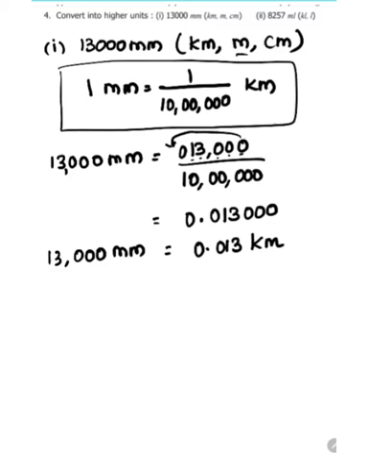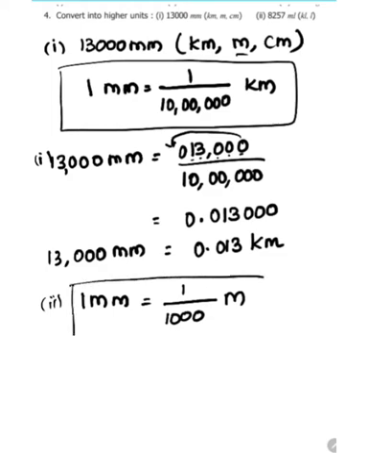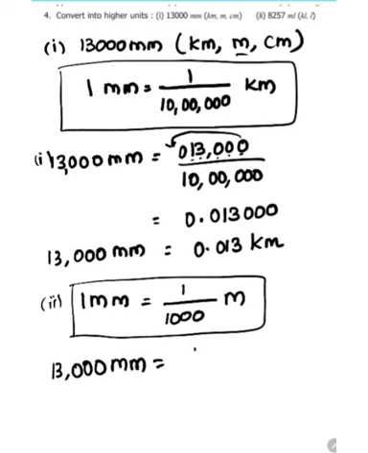1 millimeter is equal to 1 by 1000 meter. So 13,000 millimeter, we have to divide 13,000 by 1000.